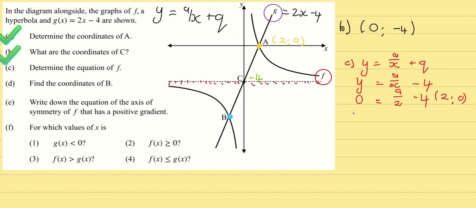What we can do is we can bring the 4 over, and we have a over 2. When we cross multiply, we end up with a equal to 8, and so therefore f of x is going to be 8 over x minus 4, and that is the equation of our function f.